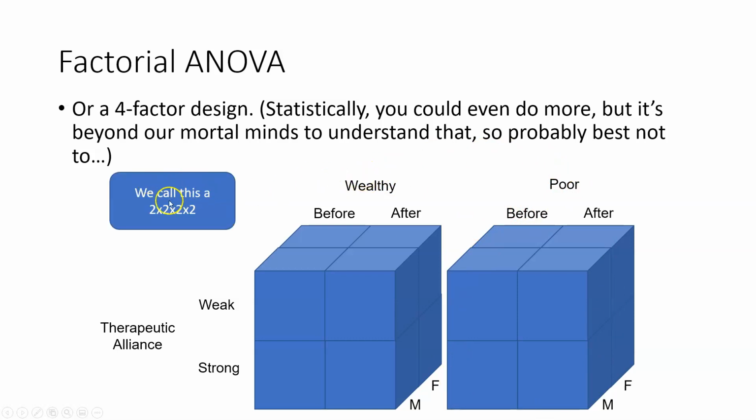And we would call this a 2 by 2 by 2 by 2, because the first independent variable has 2 levels, the second independent variable has 2 levels, the third independent variable has 2 levels, and the 4th independent variable has 2 levels. So it's 2 by 2 by 2 by 2, 4 factors, 4 independent variables, each with 2 levels in it.